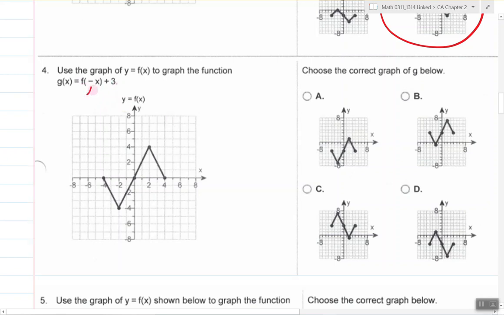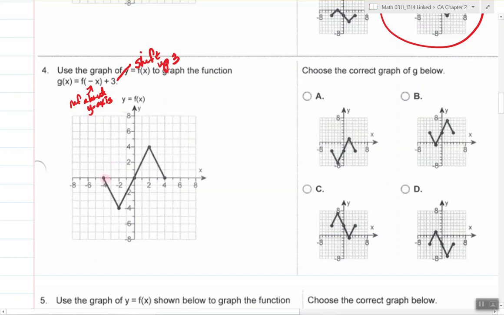This will give us a reflection about the y-axis, and this will give us a shift up 3. So I'm going to do the reflection dotted, and then I will do the shift solid. So reflection, it's a side-to-side reflection.